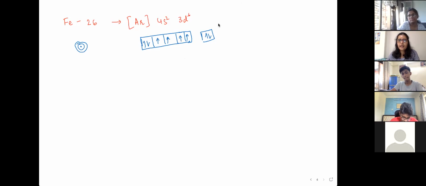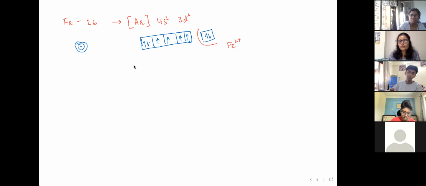So when iron loses these 2 electrons, then it shows the oxidation state of Fe2+, the ferrous ion. What is the next best thing that iron can do? Iron cannot lose all 6 electrons. So what is the next most stable configuration iron can aim for? It loses the 1 electron it has, so it becomes d5.